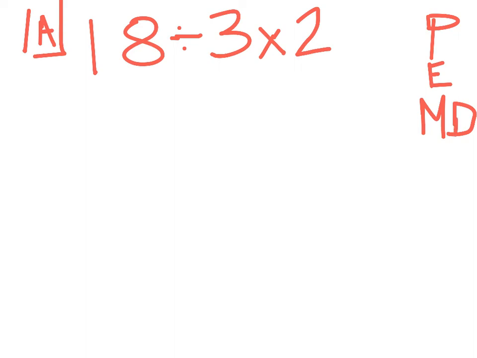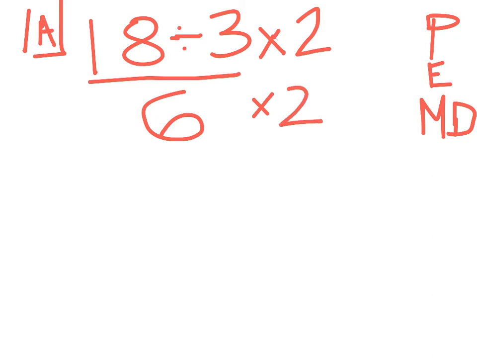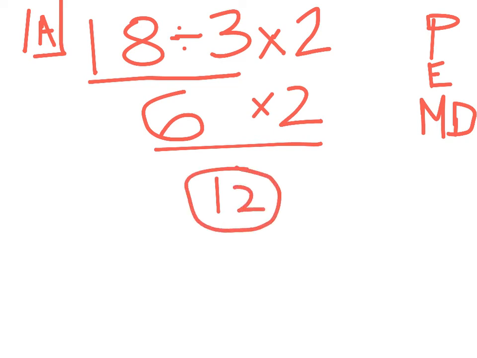We do whichever one comes first. So as you read it, it says 18 divided by 3 first, so we do that. And then we drop everything else down. Notice that I underlined the step that I did. And then obviously you only have 6 times 2 that's left. So we're still on the MD step. We never actually end up getting to the AS, addition and subtraction. So the answer is 12.